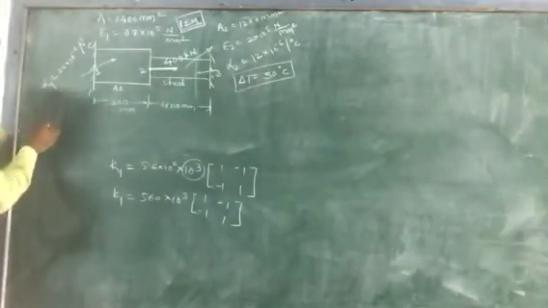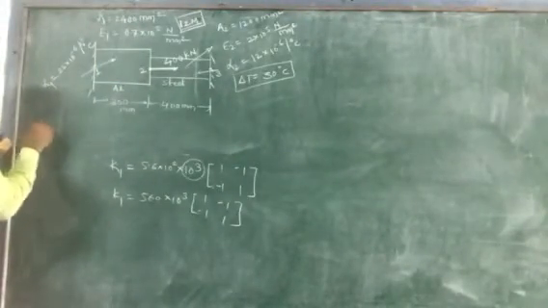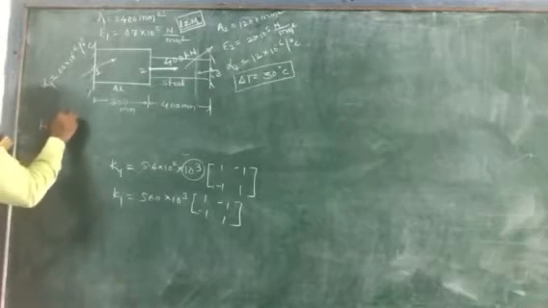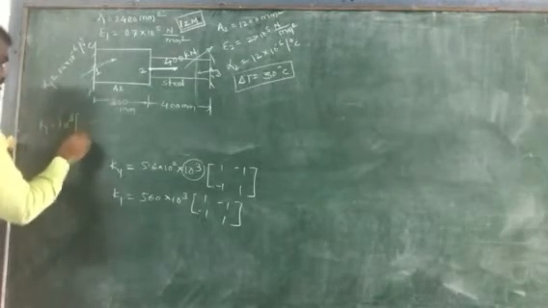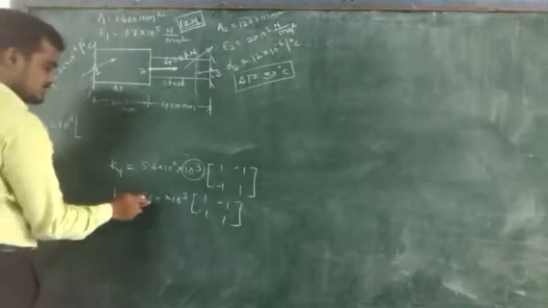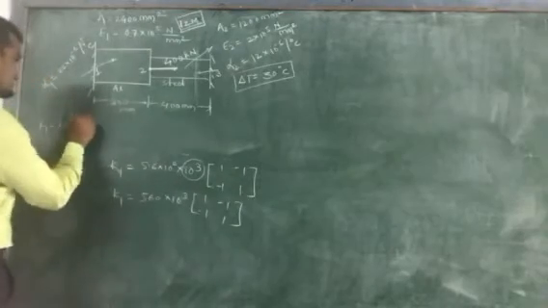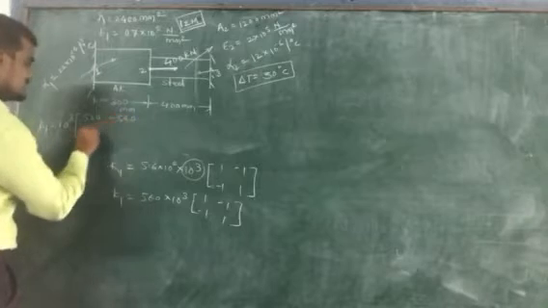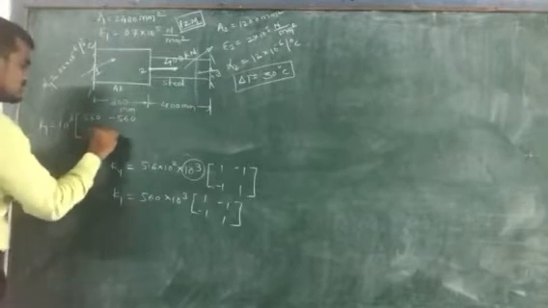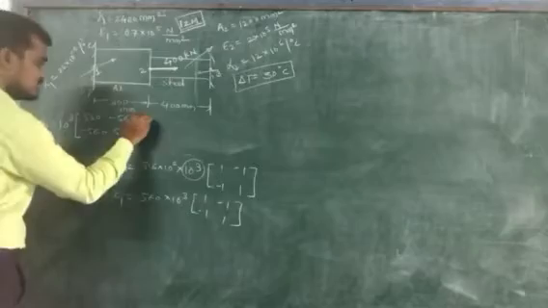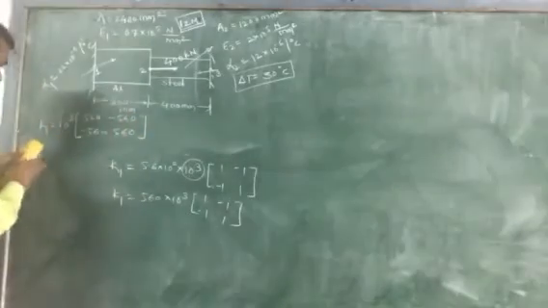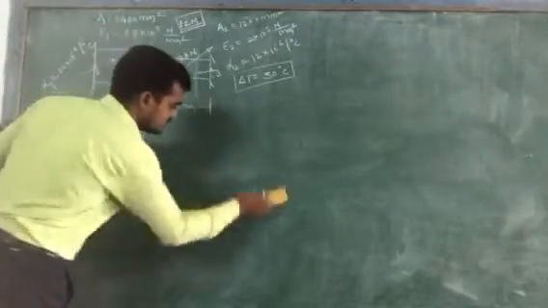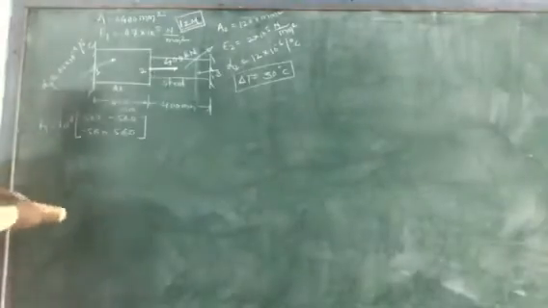Finally K1 is equal to 10 raised to power 3 times [560 -560; -560 560]. In this way you get the first elemental stiffness matrix.